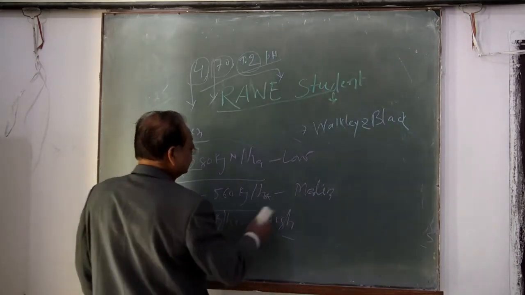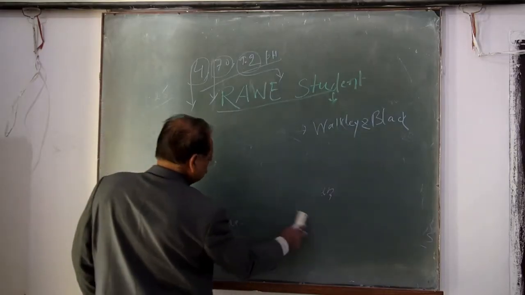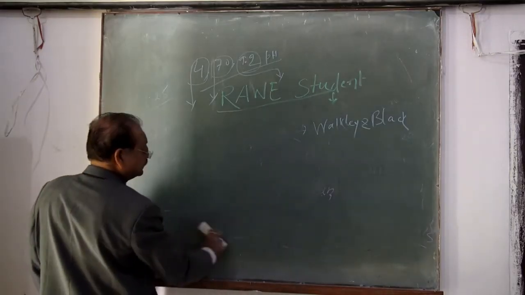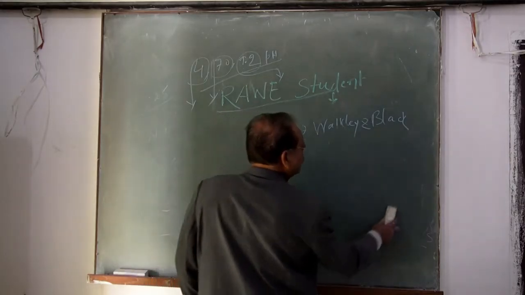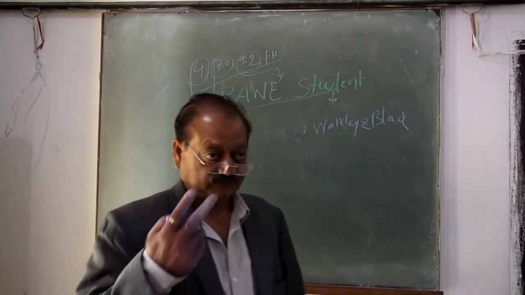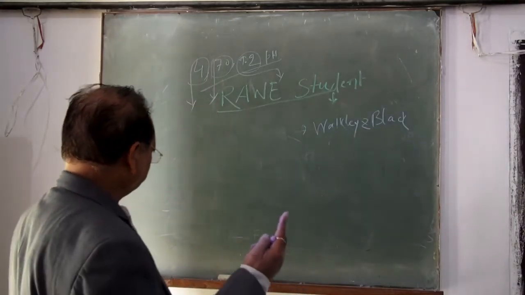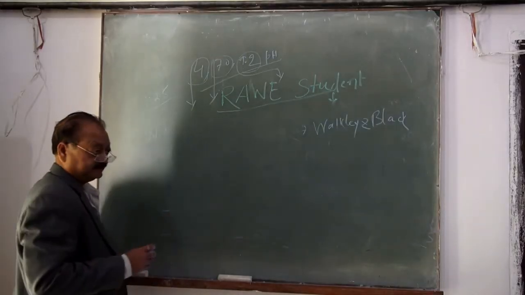So, my dear students, this is all about the organic carbon content and nitrogen of the soil, and organic carbon and nitrogen are the more basic requirements for soil fertility.